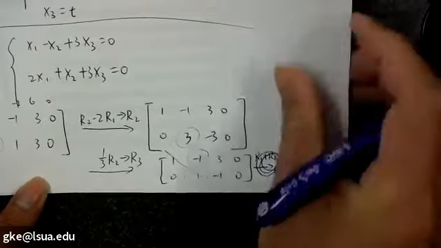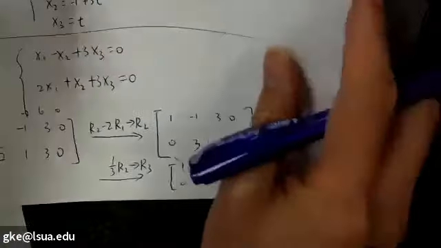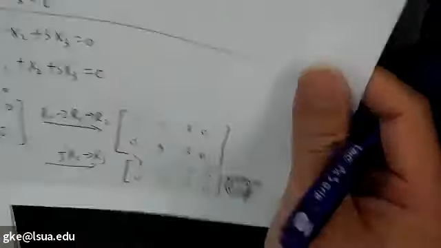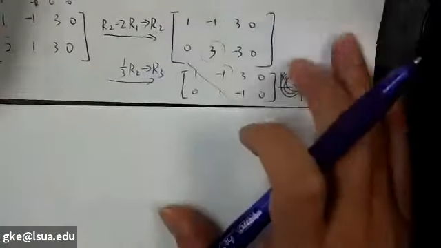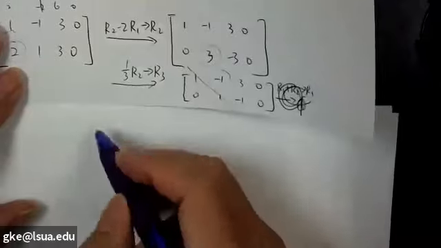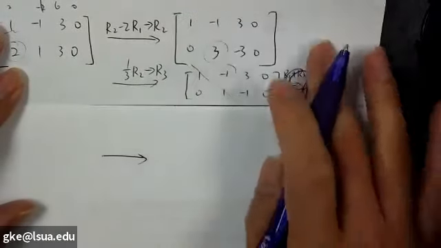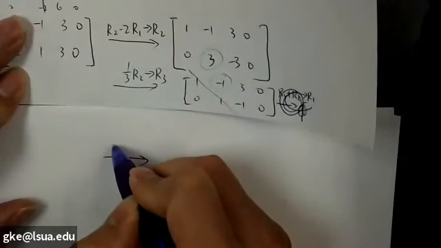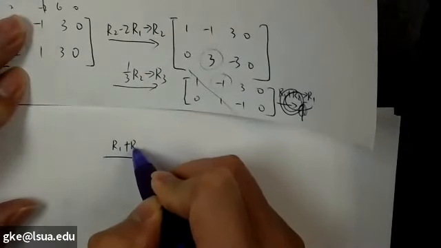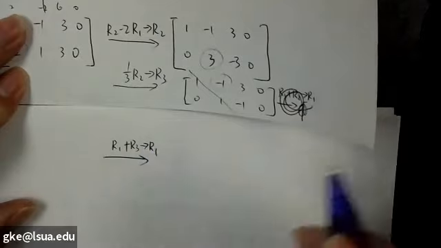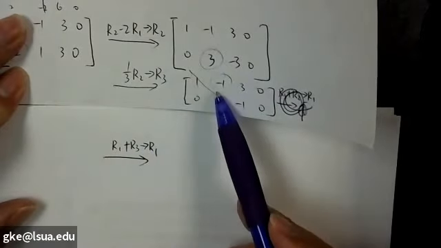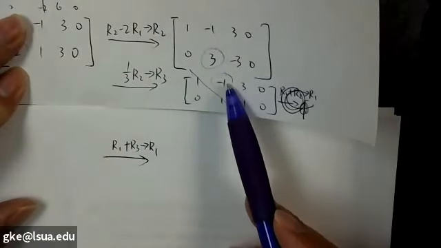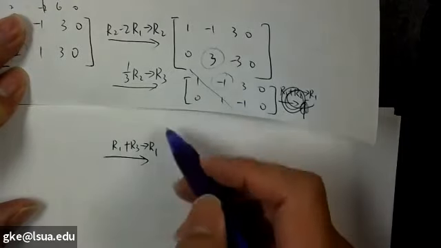Okay, I'll write down over here. We let R1 plus R3 for the R1, right? Because here is -1. We want -1 plus 1 to be 0.